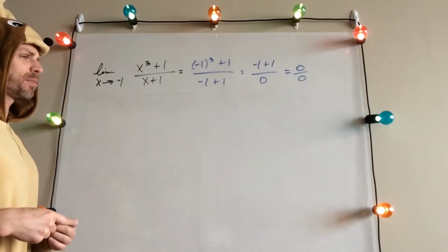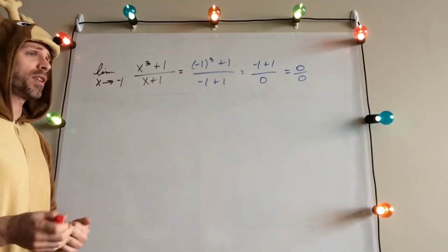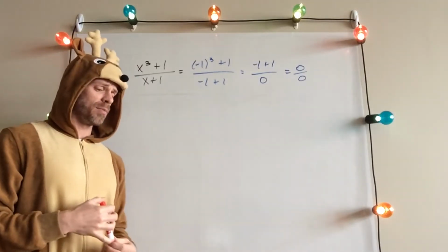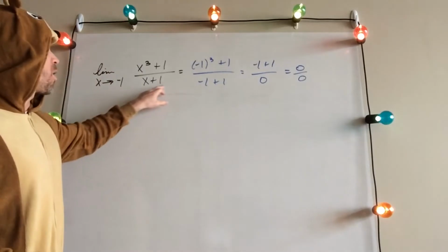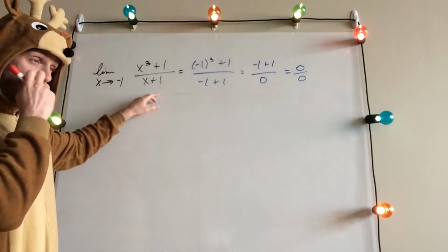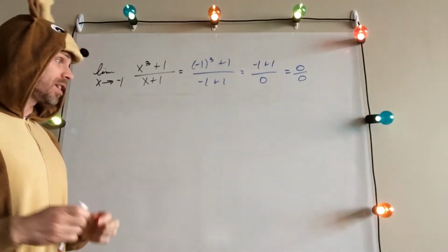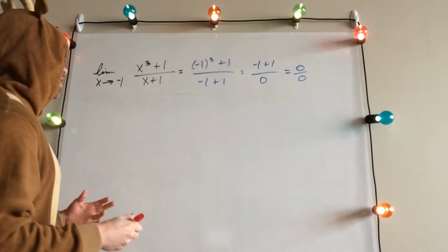There is a factoring pattern that you could use for this numerator, x cubed plus 1. It's one that I never bothered to memorize because I remember how to do synthetic division. We are hoping that we are going to be able to cancel out this x plus 1. So let's see if we can divide that out with synthetic division.